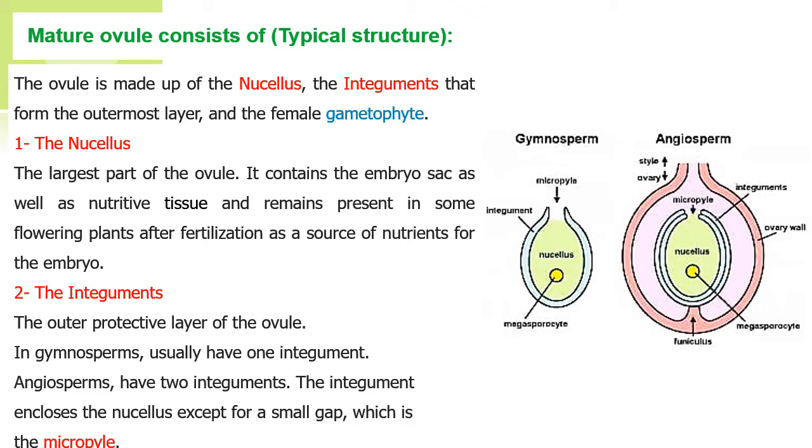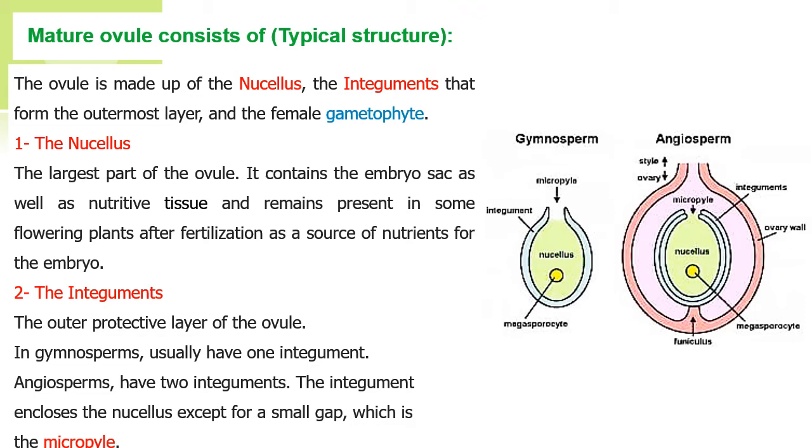The integuments, or ovule coat, are the protective layer. Usually we have one integument in gymnosperms, as in this diagram: one coat, one protective layer surrounding the nucellus, which afterwards forms the embryo.